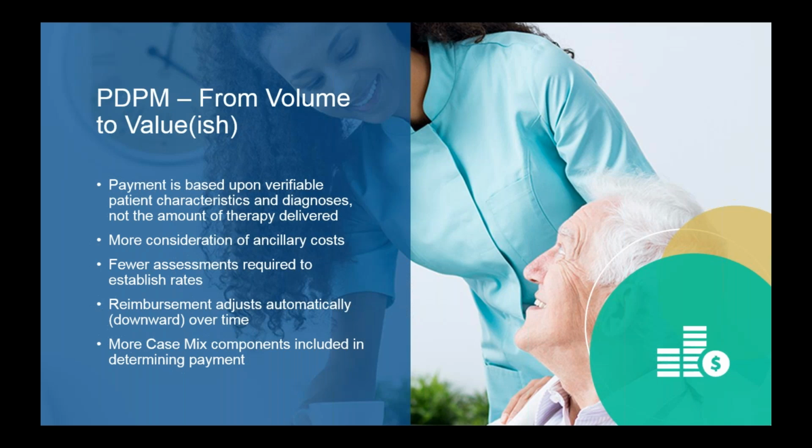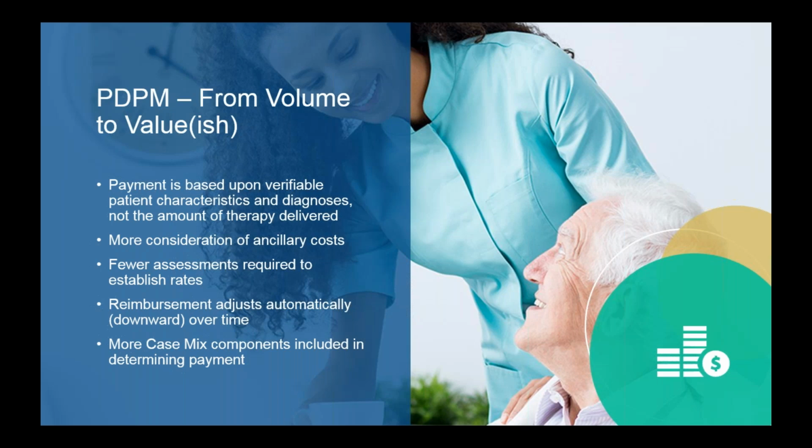So it really would behoove you to identify specific areas in your facility that you know are going to show up very starkly between September 30th and October 1st when the switch flips to PDPM.